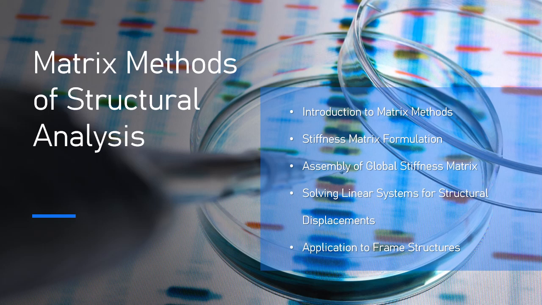1. Start with an initial guess for the displacement vector u0. 2. Update each displacement component u_i^(k+1) using the equation u_i^(k+1) equals 1 over K_ii times F_i minus the sum over j not equal to i of K_ij u_j, where K_ii is the diagonal entry of the stiffness matrix corresponding to the i-th DOF. F_i is the applied force at the i-th DOF.